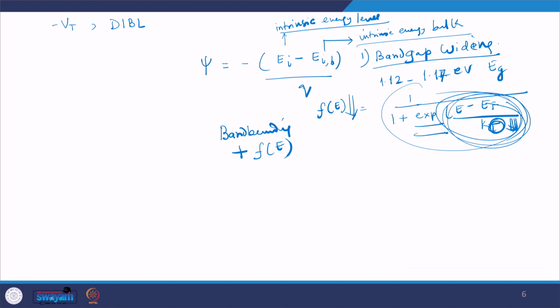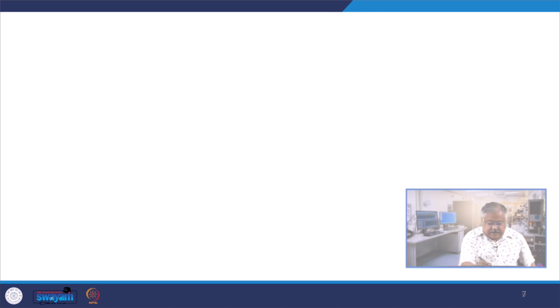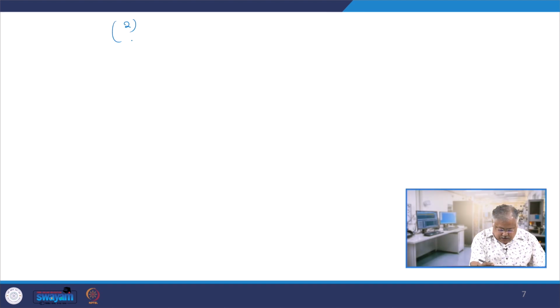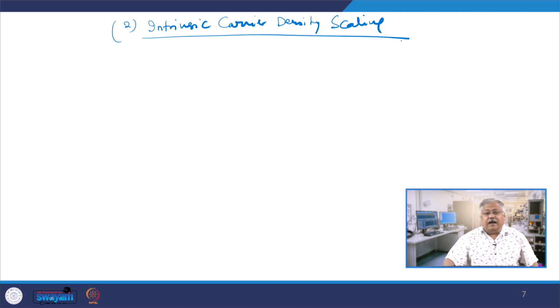Now, if you go to the second phenomenon, which is known as intrinsic carrier density scaling, you remember at T equals 300 Kelvin the intrinsic carrier concentration is 10 to the power 15 per meter cube, right? As the temperature goes on increasing, this value goes on increasing because of large EHP generation.